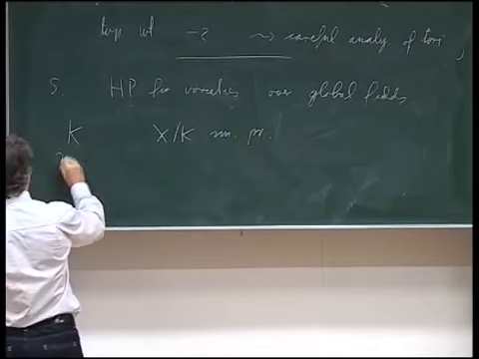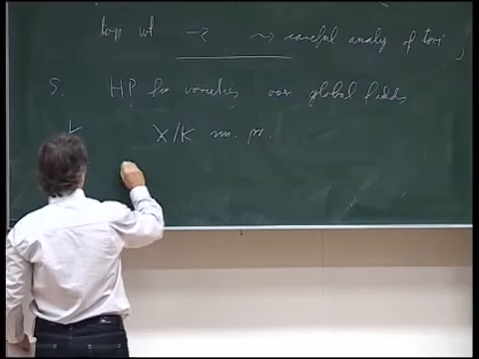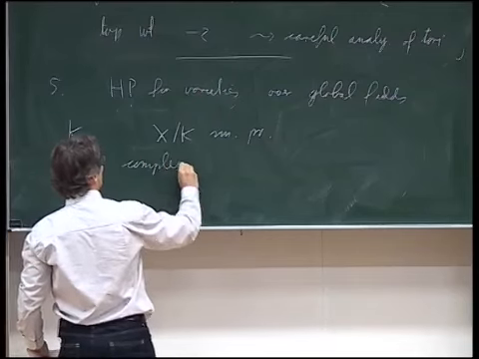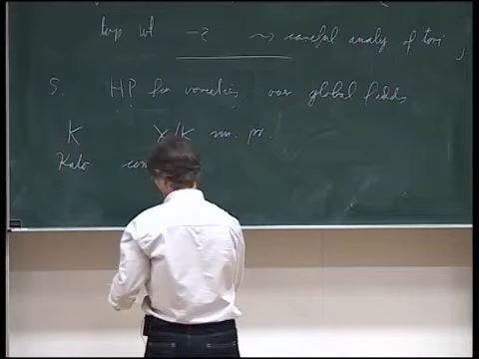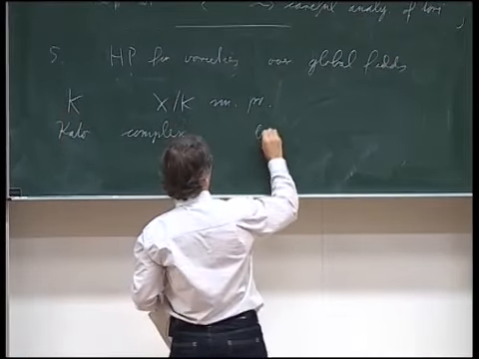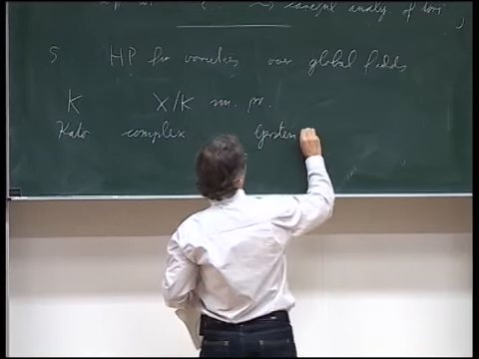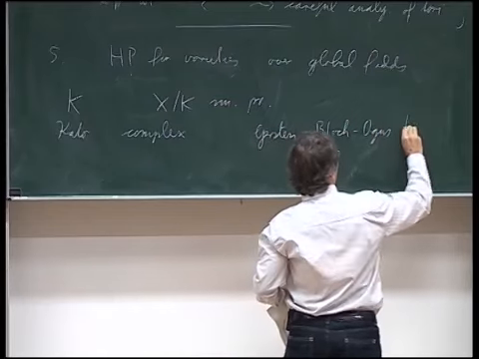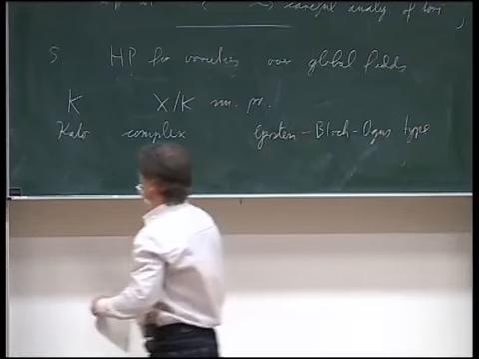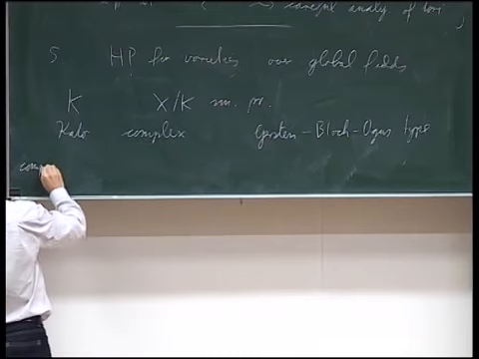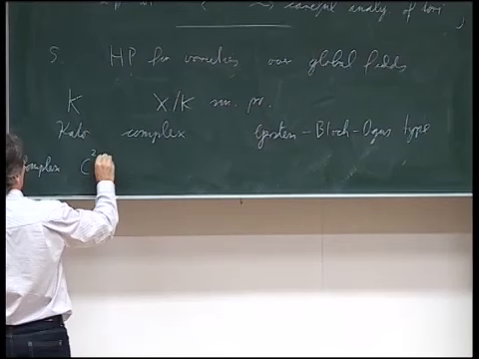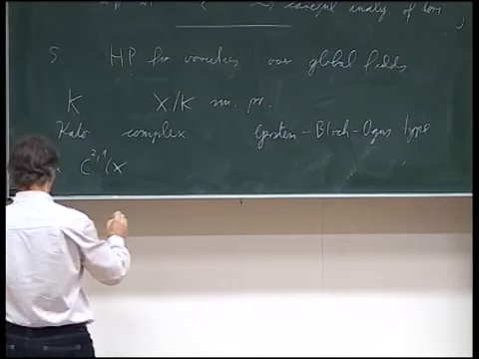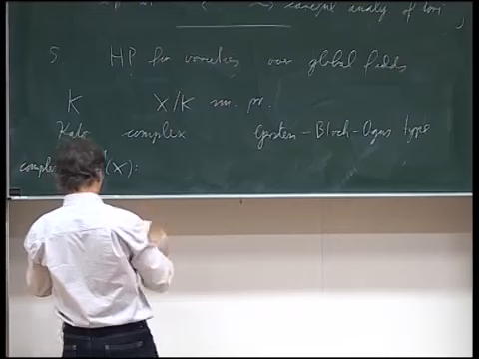And then Kato defined a complex, Kato complex of Gersten Bloch-Ogus type, C21 of X. And I do it with the infinite coefficient.